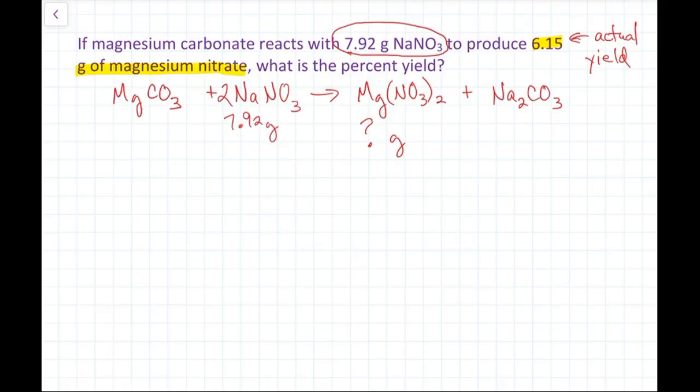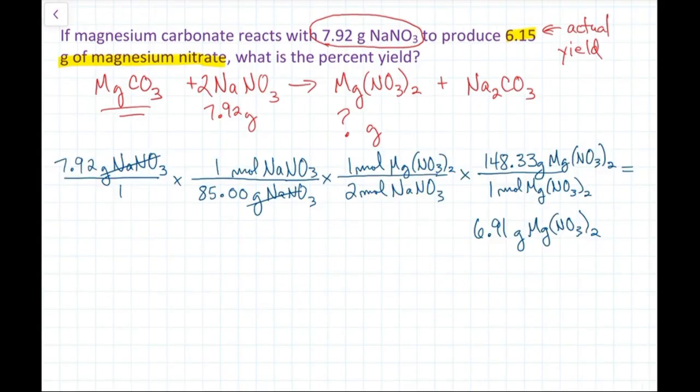We're not given any information about the magnesium carbonate. It just says if magnesium carbonate reacts with so many grams of sodium nitrate. So the magnesium carbonate doesn't really matter in this problem. We're assuming we have enough of it. So what I want you to do right now is find the theoretical yield of magnesium nitrate, so find grams of magnesium nitrate from grams of sodium nitrate.